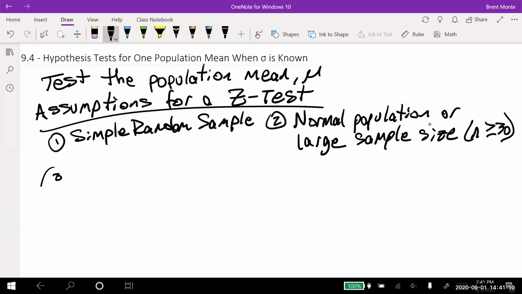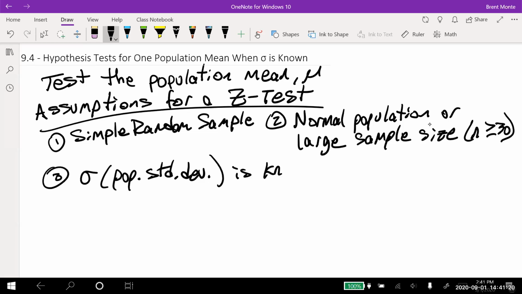And then lastly, sigma, which is the population standard deviation, to be a Z test, we have to know what that is. So sigma is known. Those are our three assumptions. If those are all met, we can do a Z test and have comfort and confidence in our results.